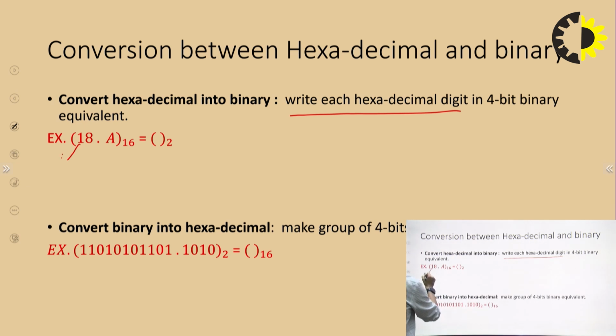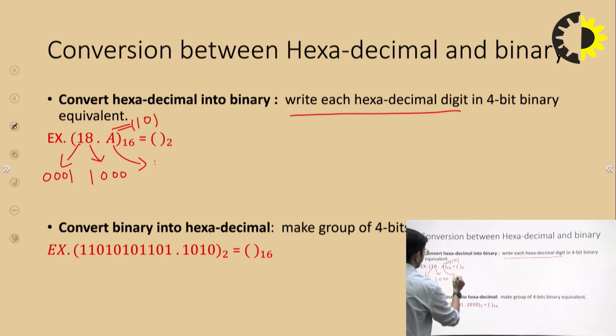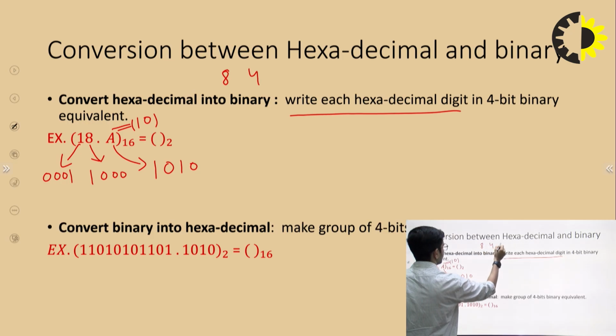Like 1 is represented by 0, 0, 0, 1. 8 is represented by 1, 0, 0, 0. A, as I mentioned, is equivalent to 10, so 10 we can represent as 1, 0, 1, 0, using the 4-bit weighted code 8421.